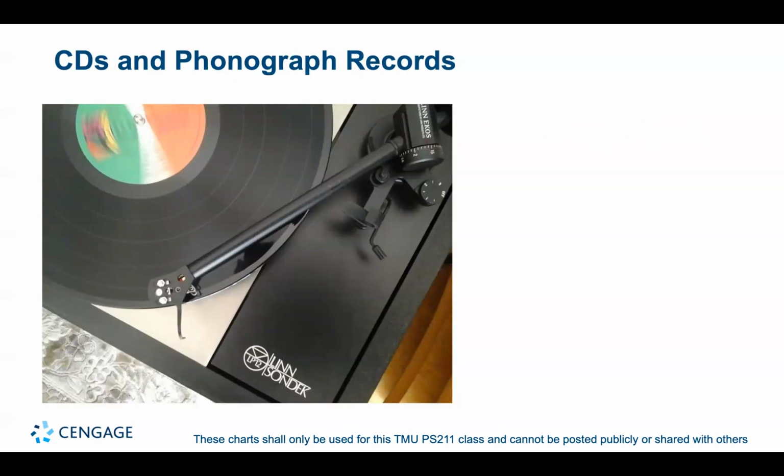There are similarities and differences between the rotating motions of phonograph records and that of compact discs. A phonograph record rotates at a constant angular speed. Popular angular speeds were 33.5 revolutions per minute for long play, nicknamed LPs, 45 revs per minute for singles, and 78 revs per minute for very early recordings.